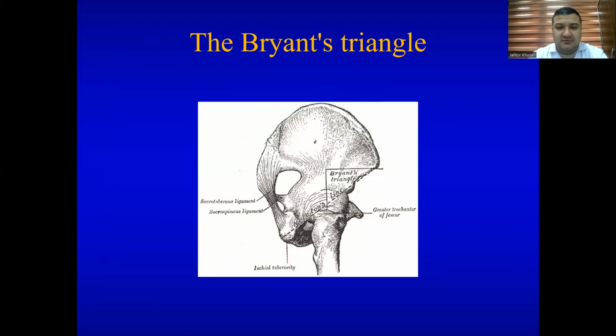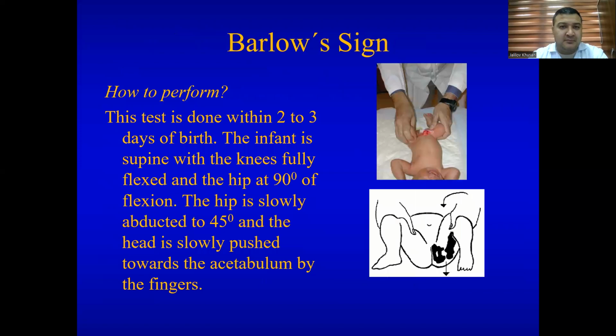Look at this picture. Barlow sign. How to perform? This test is done within 2 to 3 days of birth. The infant is supine with the knees fully flexed and the hip at 90 degrees of flexion. The hip is slowly abducted to 45 degrees and the head is slowly pushed towards the acetabulum.